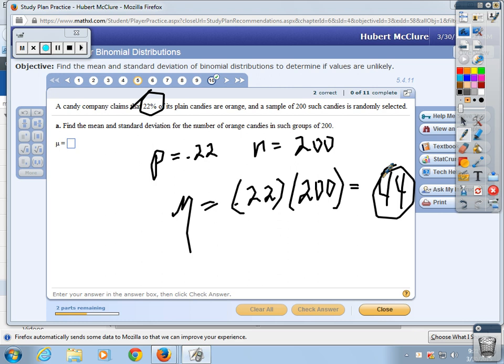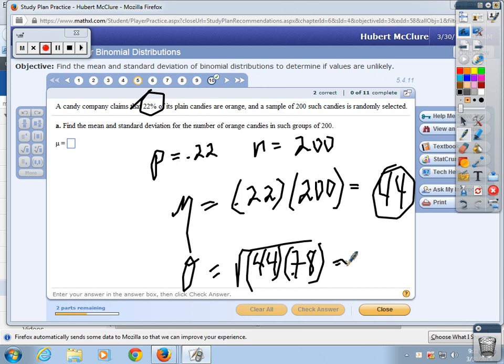Good, a good whole number without decimals. And then the standard deviation is equal to the square root of 44 times 0.78. Somebody check me and give me that number. How much? We're going to do 6. Okay?